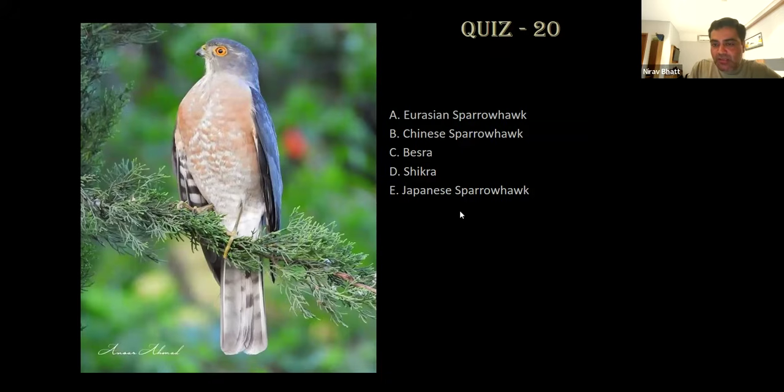Based on the location, we can eliminate the other things because this particular photograph is from Jammu and Kashmir. So based on the location, primarily, we can eliminate Japanese Sparrowhawk unless it is showing very typical features of a Japanese Sparrowhawk. But the closest next after Besra is Japanese Sparrowhawk because they are very similar looking birds. It would have proper red colored eyes.